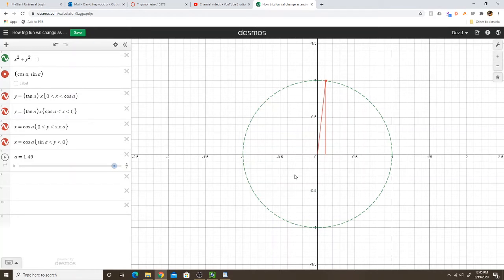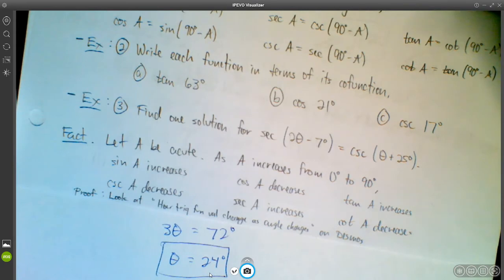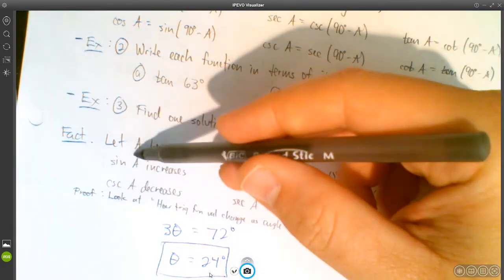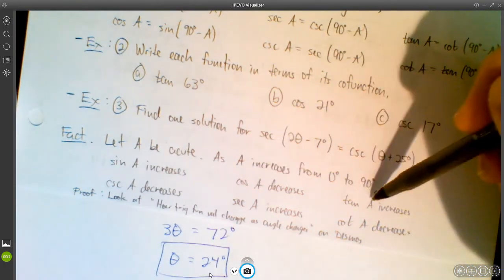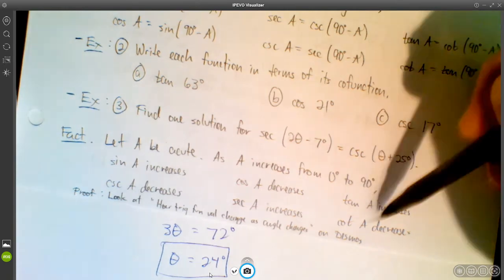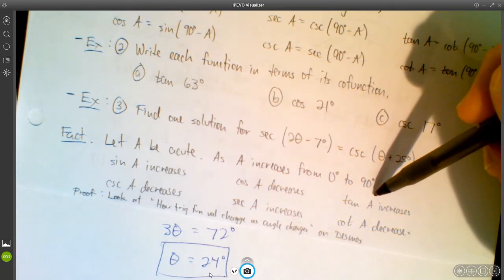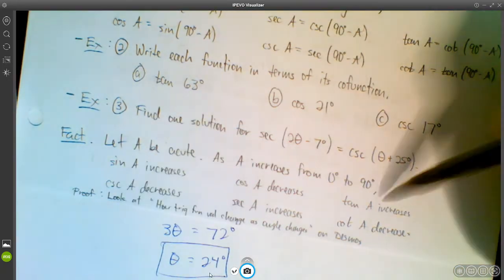Now, if you think about tangent, what's going to happen to tangent? Well, tangent is sine over cosine. So if sine is increasing and cosine is decreasing, then tangent's going to increase, right? Imagine you're starting at like 5/10, but then sine increases, maybe up to 10 or something.